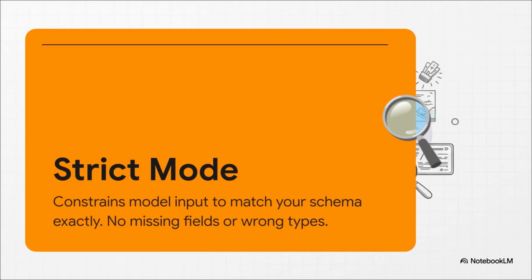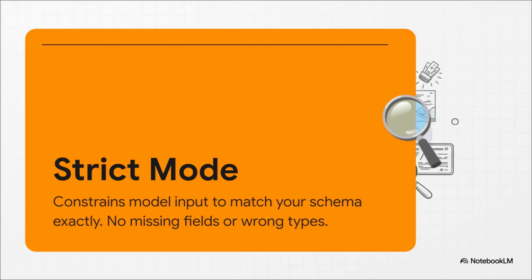With this turned on, the model's output is rigidly constrained to match your schema exactly. We're talking no missing fields, no wrong types, no surprise keys.